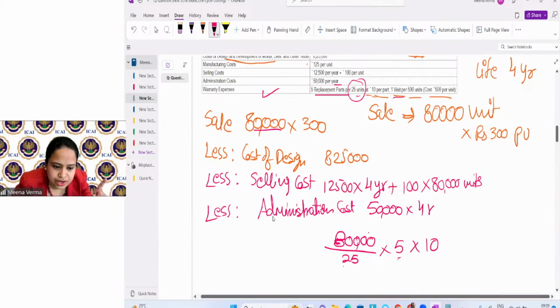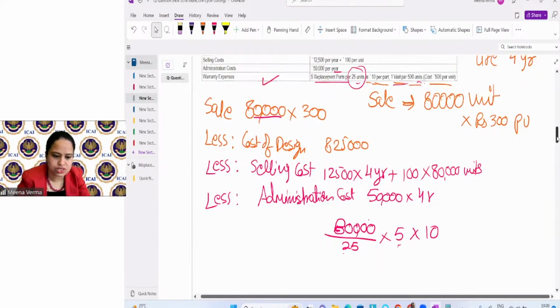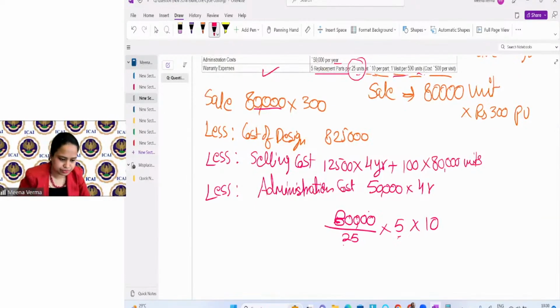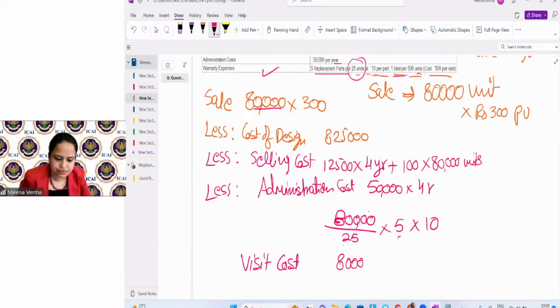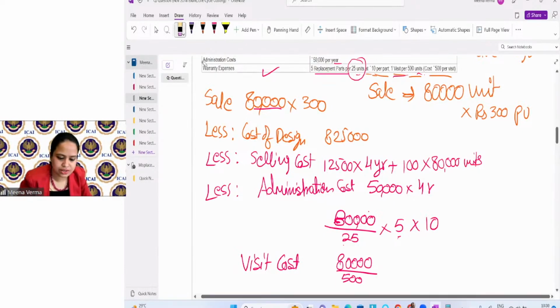And the next one is 1 visit per 500 units. Now how will we calculate this visit cost? We have a total of 80,000 units, divided by 500 units, which gives the number of visits, multiplied by 500 rupees.